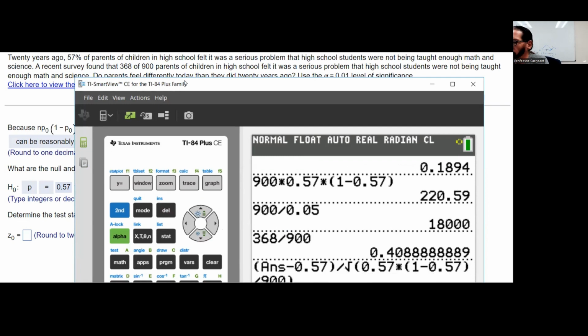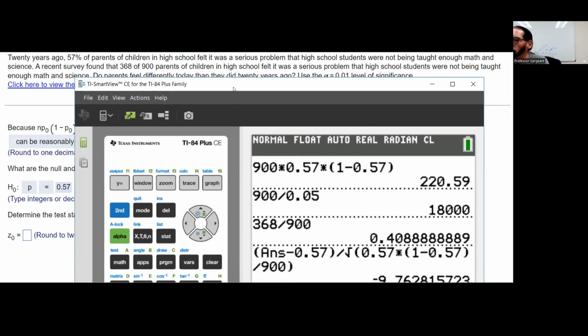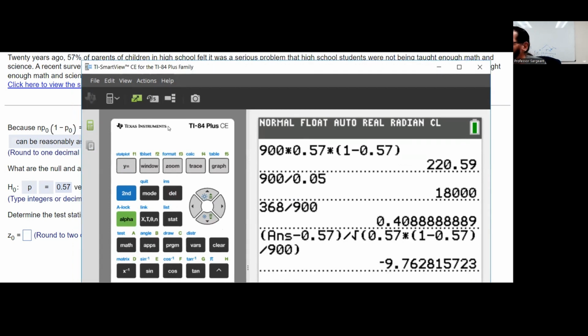We're supposed to round that to 2 places. So that is coming out to be negative 9.76 after the rounding.